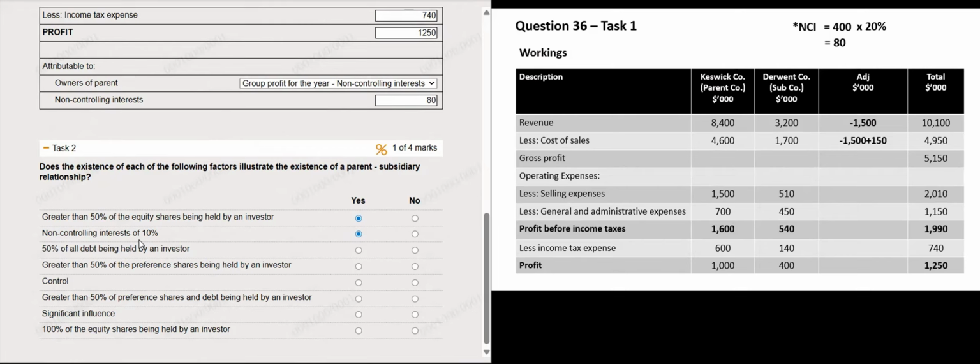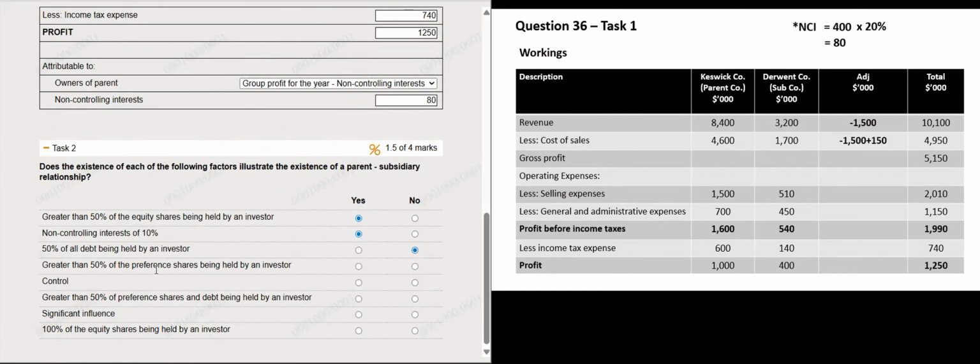Third is 50% of all debt being held by an investor. This will make you a creditor of the company and entitle you to receive a fixed interest income. But you can't exercise control over the company's decisions, nor do you have exposure to variable returns. It is therefore not a parent-subsidiary relationship.